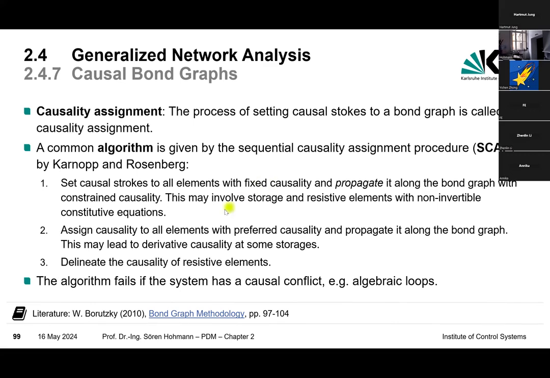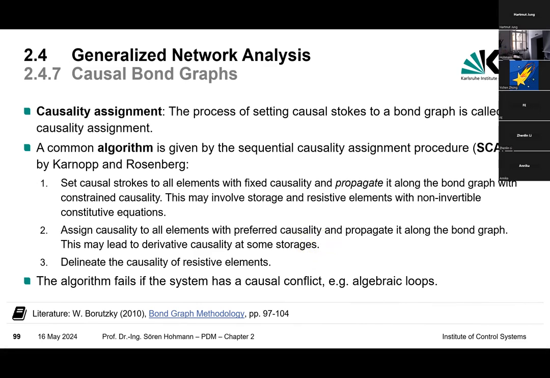So what you have to do is set all causal strokes to elements with fixed causality. So you start with the causal stroke always where you have sources of effort, sources of flow, or nonlinear relations where the causality is completely given. Then you assign causality to all elements with preferred causality so that you get the integrators out of it.